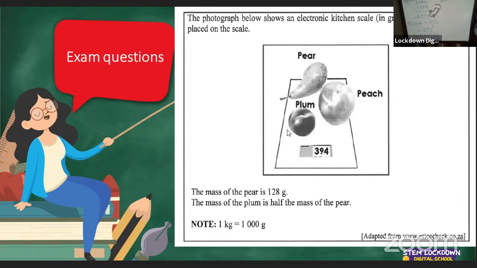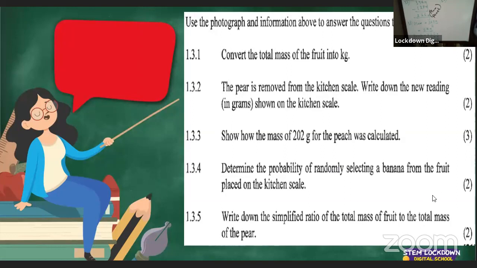So the probability of selecting a banana is 0, because there is no way we are going to get a banana when we don't have bananas.